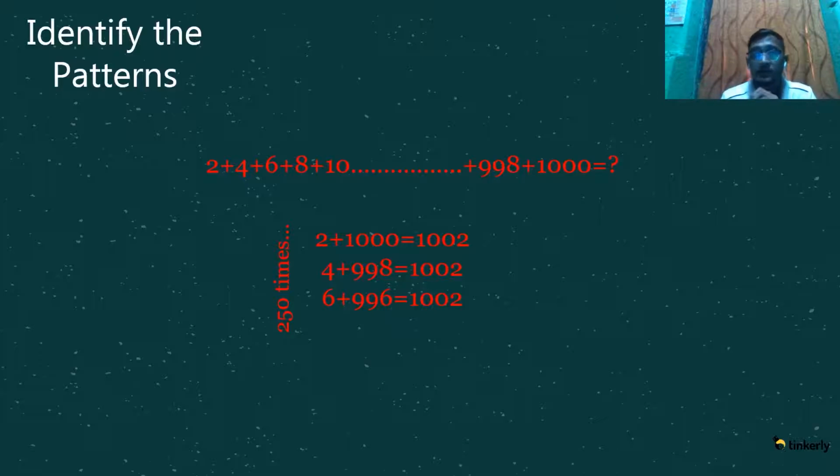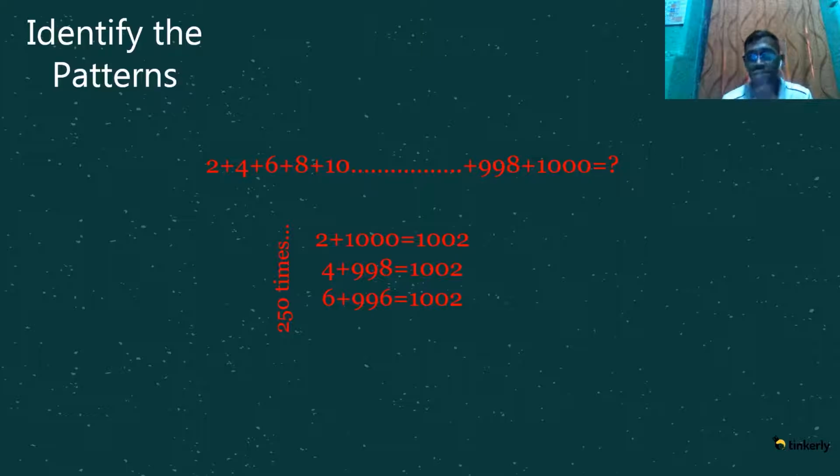Okay, up to 1000. So how much time will you take to add these numbers one by one? First 2 plus 4 is 6, 6 plus 6 is 12, 12 plus 8 is 20, 20 plus 10 is 30, then 30 plus 11 is 41. So just do it by yourself.